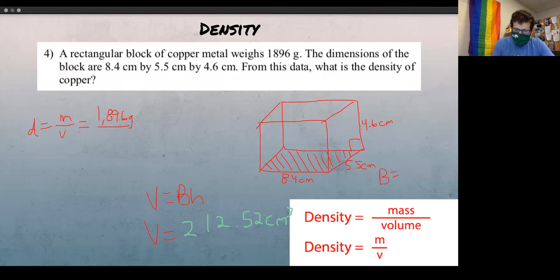So the area of the base is the base of our rectangle times the height of our rectangle. So it's 8.4 times 5.5. What is that number? 8.4 times 5.5 is 46.2.